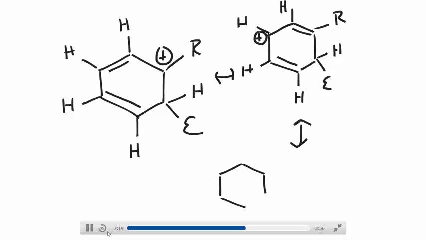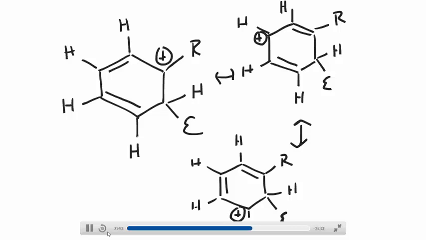And there will always be 3 resonance structures through the ring. And these are the 3 that you would have.